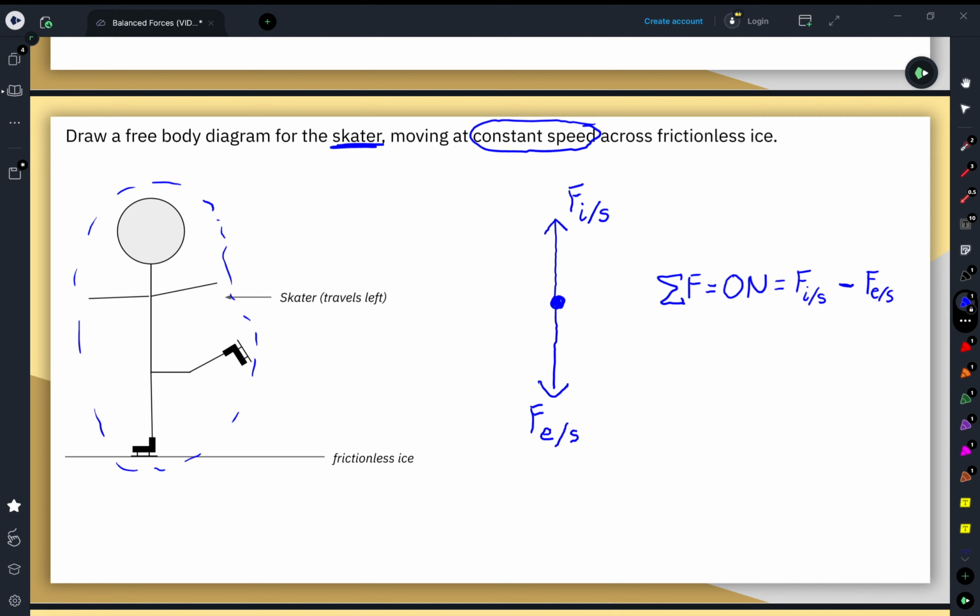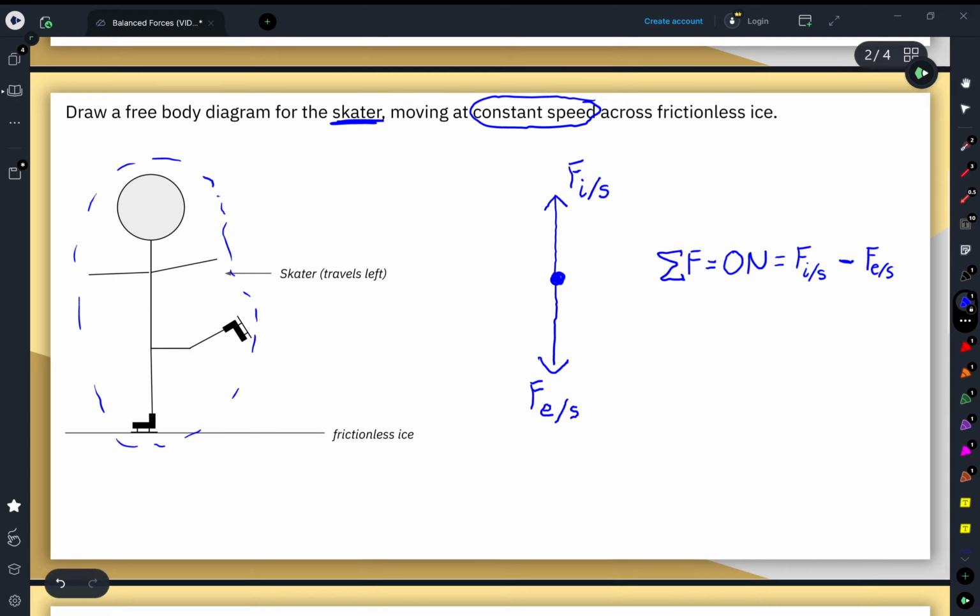Because they're pointing in opposite directions, I assign opposite signs to those 2 forces. So the force exerted by the ice on the skater is completely balanced by the force of the earth acting on the skater. If we were to sum those 2 up, it would add up to 0 newtons. So this would be a free body diagram acting on a skater moving at a constant speed across frictionless ice.